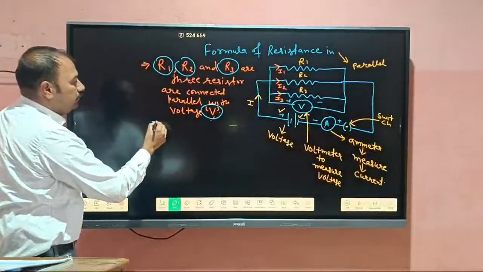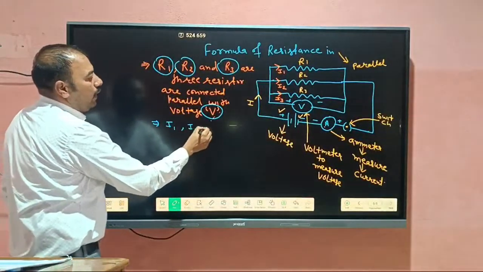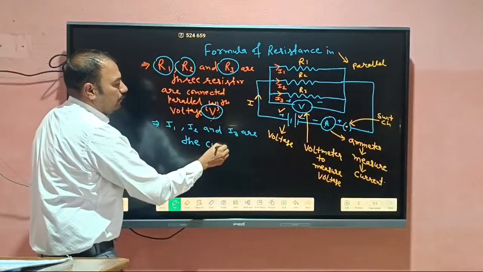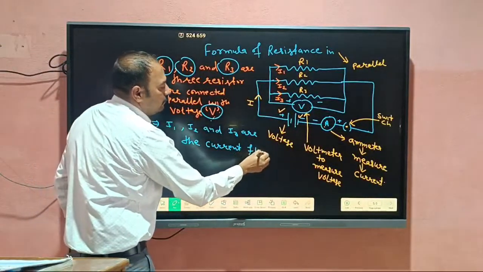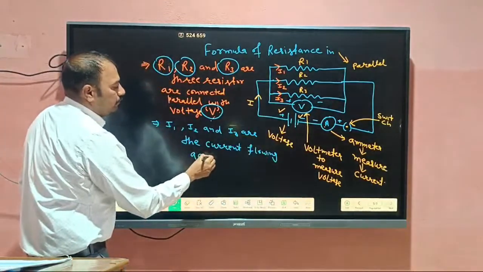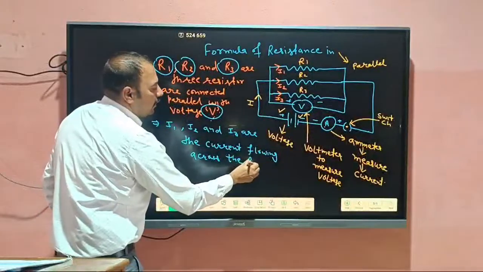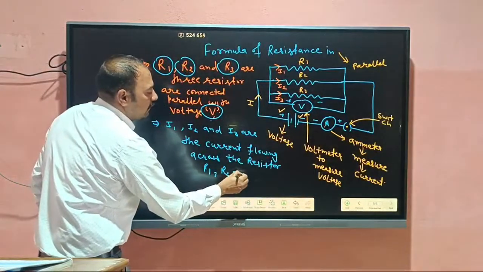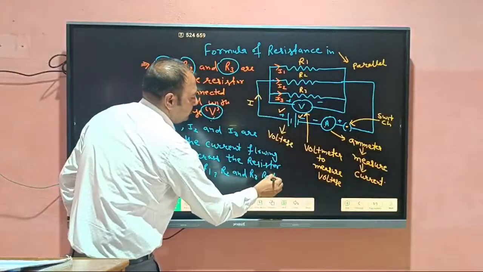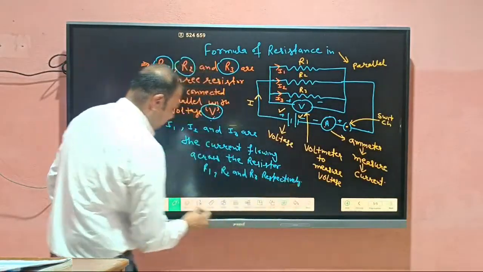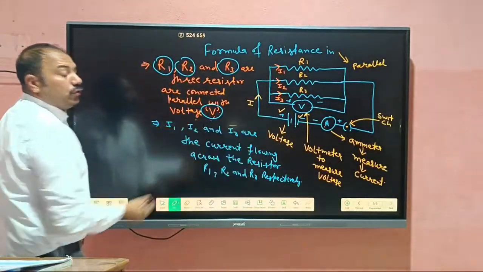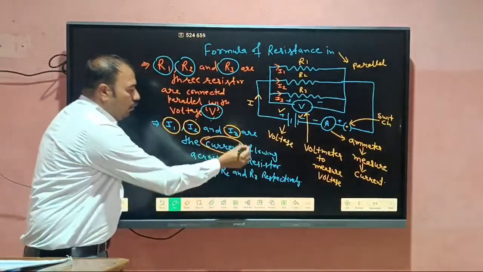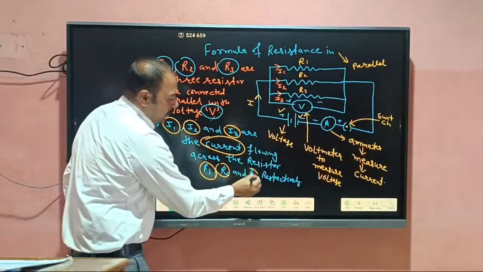We can write here: I1, I2 and I3 are the currents flowing across the resistors R1, R2 and R3 respectively.